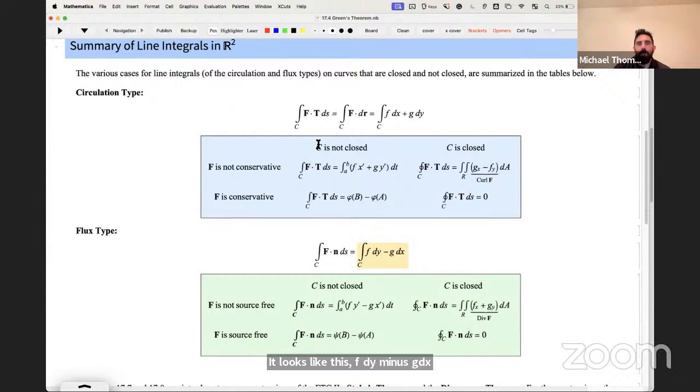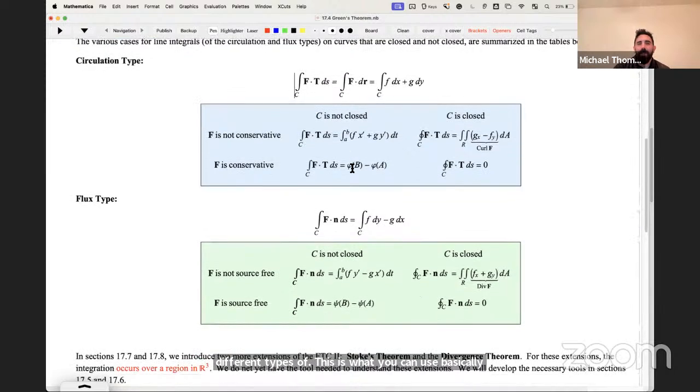Now, I created a matrix here. This is what you can use to evaluate line integrals under certain conditions. Let's say that the vector field is not conservative, and C is not closed. Then you need to evaluate the line integral directly, just how we learned how to do line integrals.